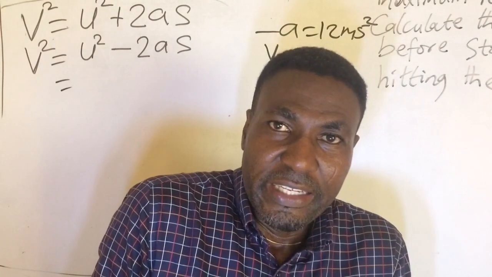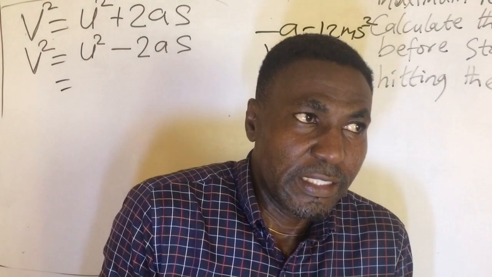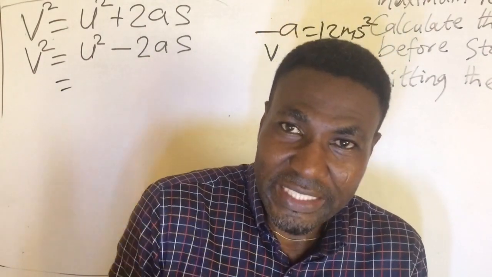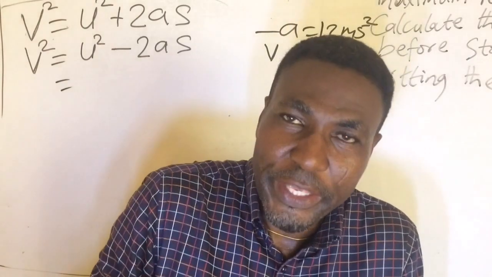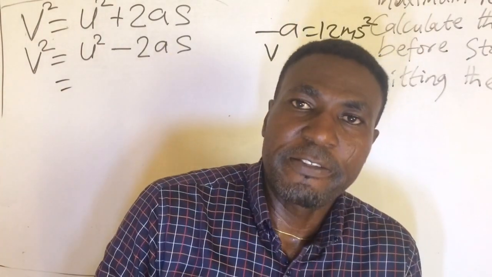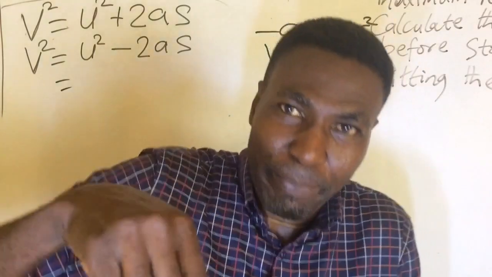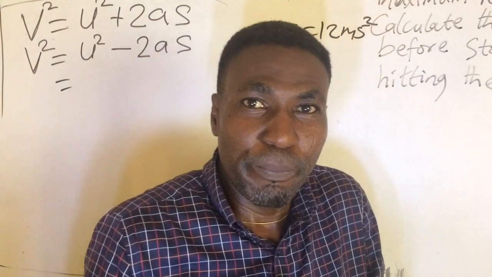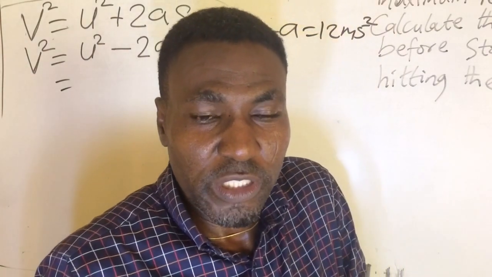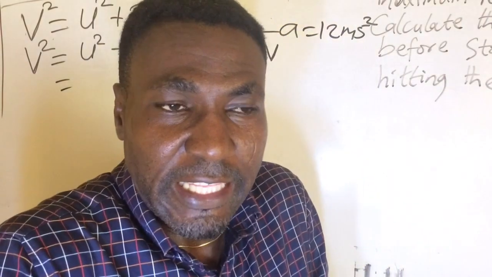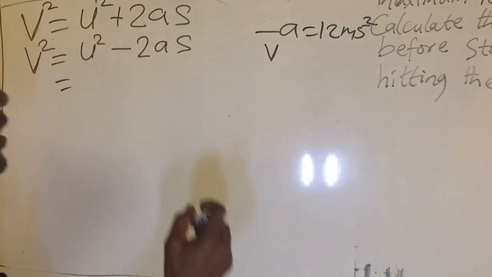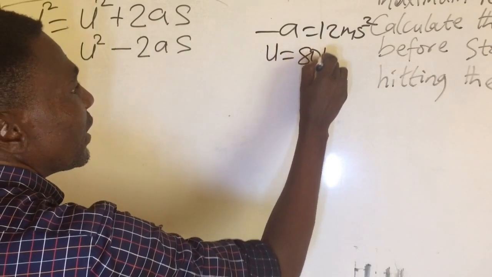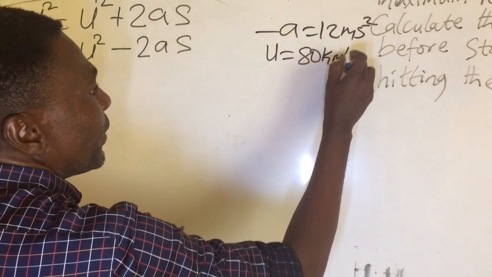Now the final velocity will be when it stops, to avoid killing the goat. So our initial velocity u is 80 kilometers per hour.